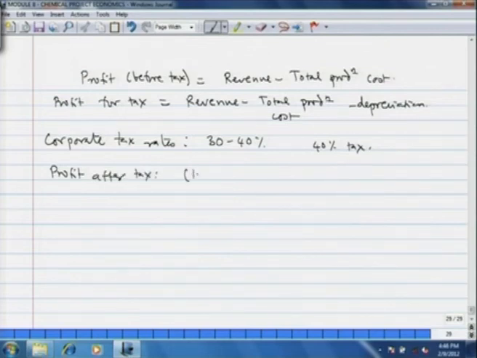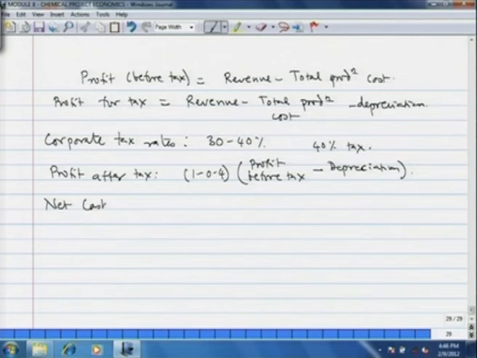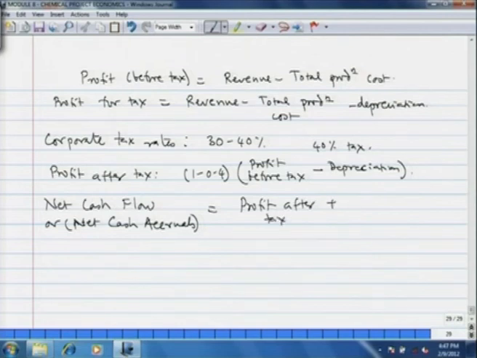So, the profit after tax is 1 minus 0.4 or 0.6, which is profit before tax, minus the depreciation cost. Then the net cash flow to the company, which is also known as net cash accruals, is equal to profit after tax plus the depreciation fund.